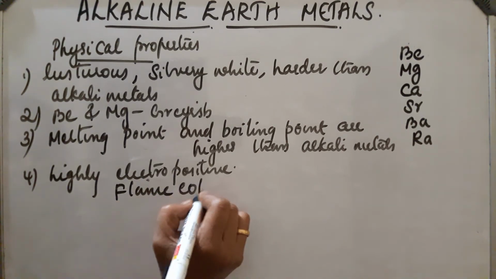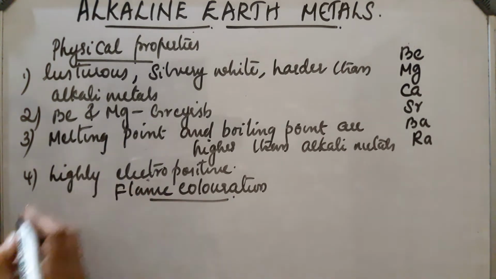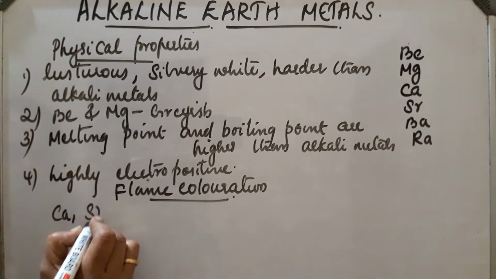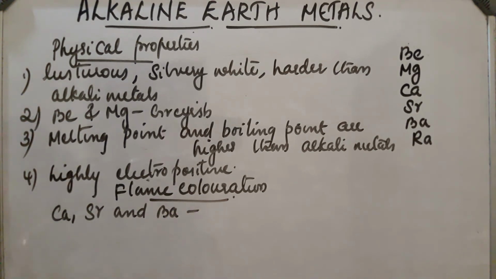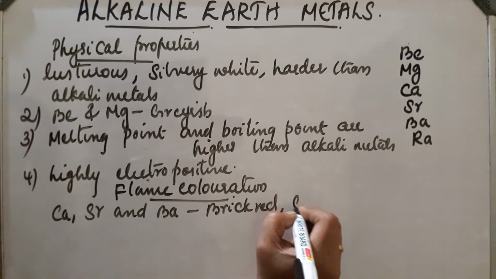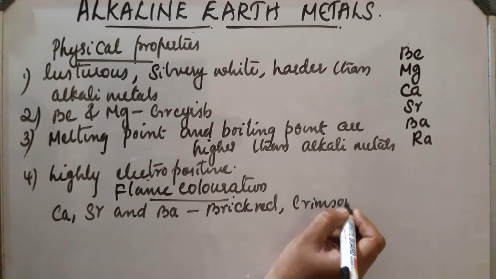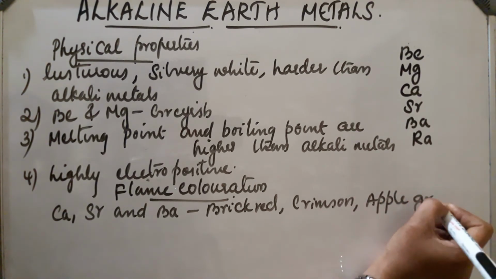They give flame coloration. Calcium, strontium and barium give a flame test, and the colors obtained are brick red for calcium, crimson for strontium and apple green for barium.